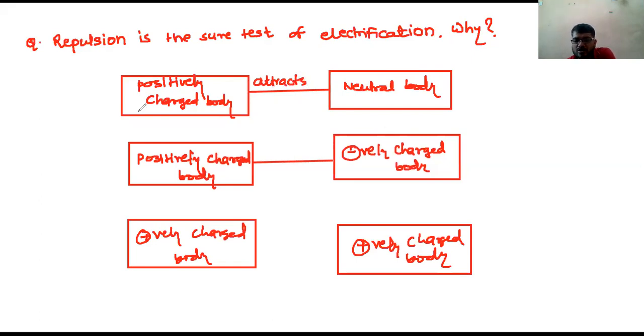A positively charged body will attract even neutral bodies. Understand? A positively charged body also attracts a negatively charged body. Yes, we know unlike charges attract each other. But only a positively charged body can repel another positively charged body.